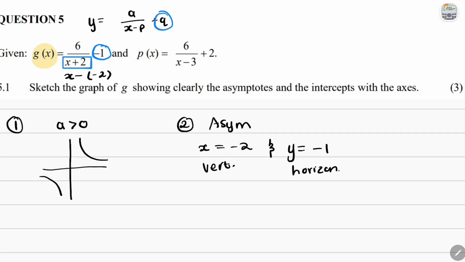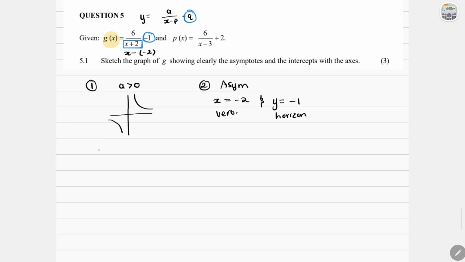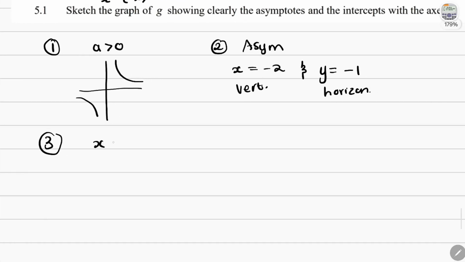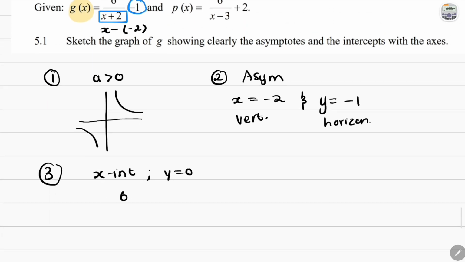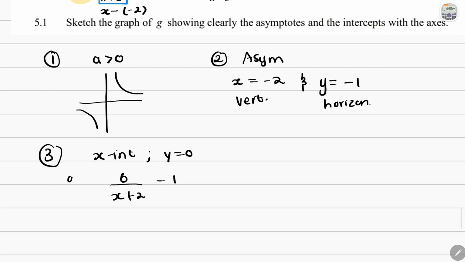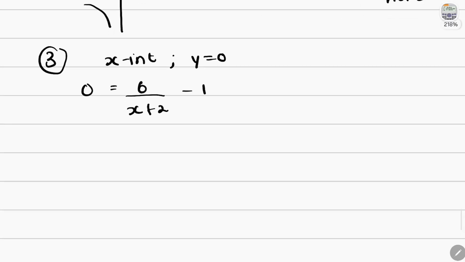And then we can go ahead and find the intercepts with the axes, that will be our x and y intercept. To find the x-intercept, you simply make y equal to 0. So we have 6 over x plus 2, minus 1. Now in place of g of x, which stands for y, we're going to substitute 0. So 0 equals 6 over x plus 2 minus 1, and let's solve for x.